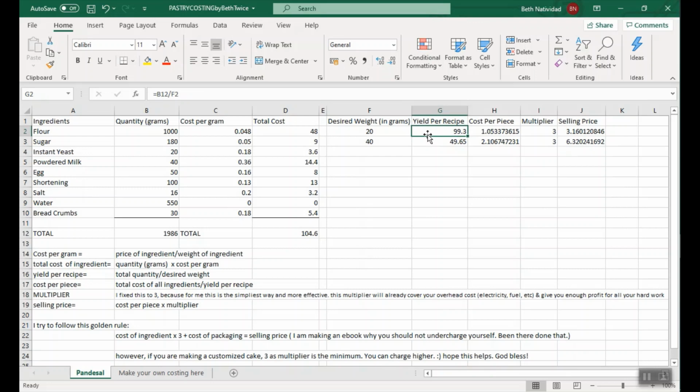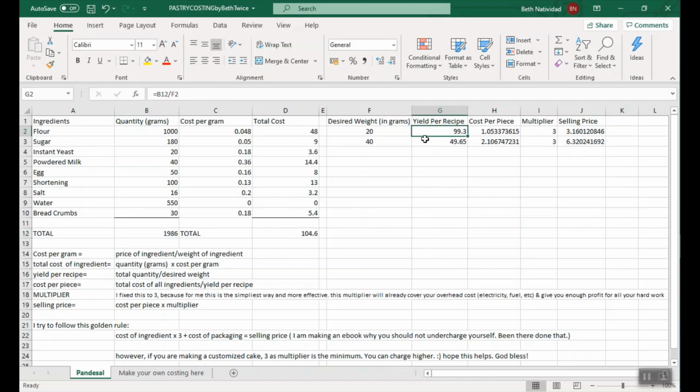So, to arrive with this formula, yield per recipe is equal to total quantity divided by the desired weight.